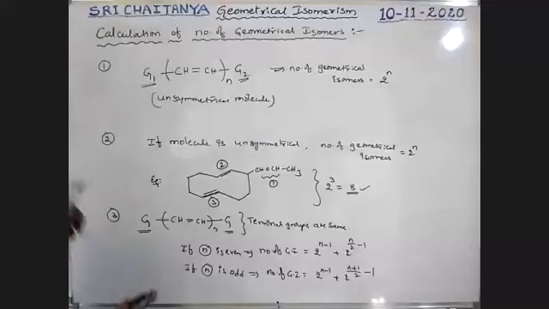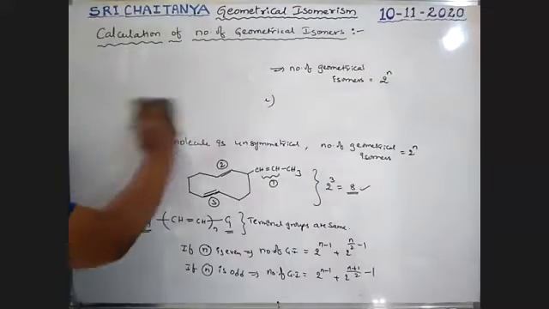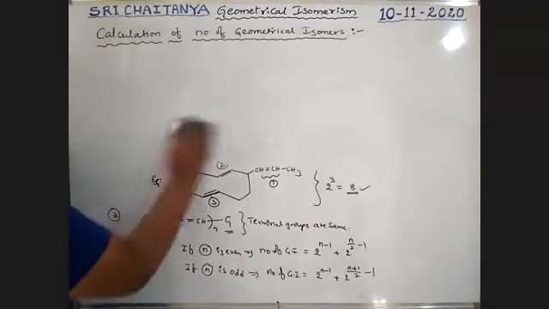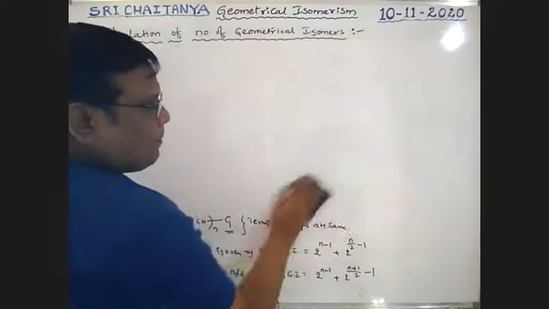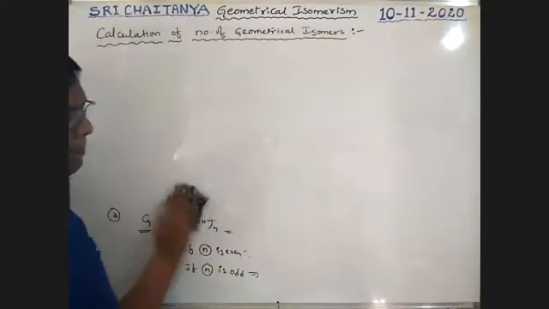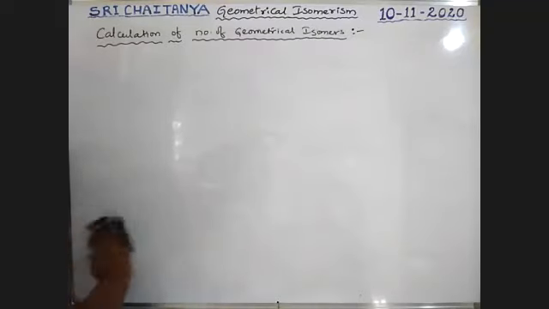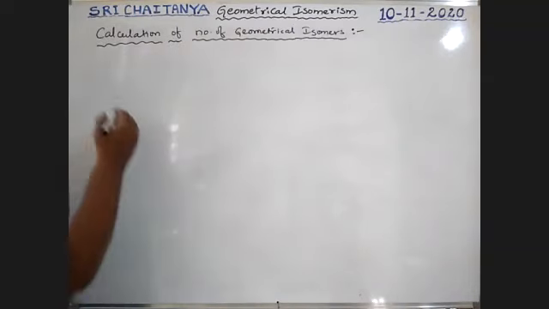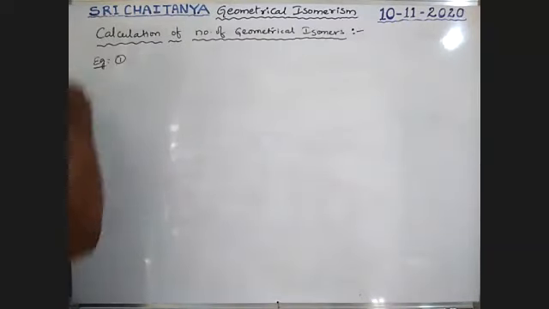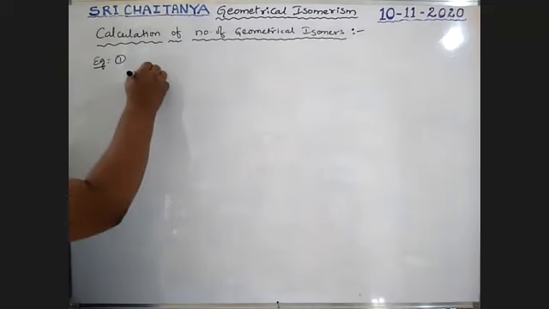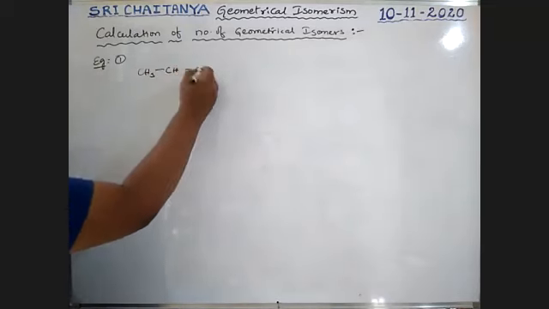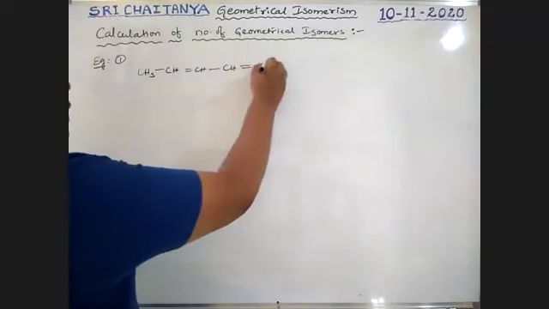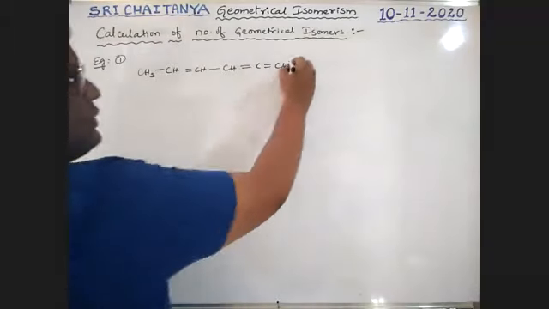See here, examples. First one, CH3, CH double bond CH, CH double bond C, CH, CH3.